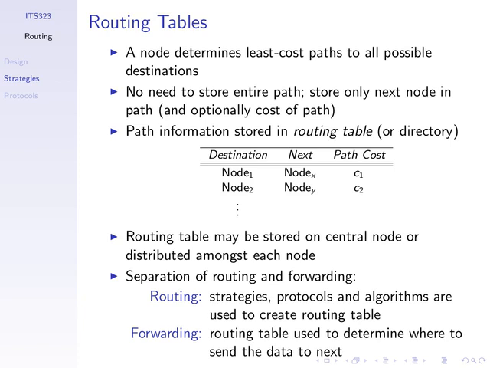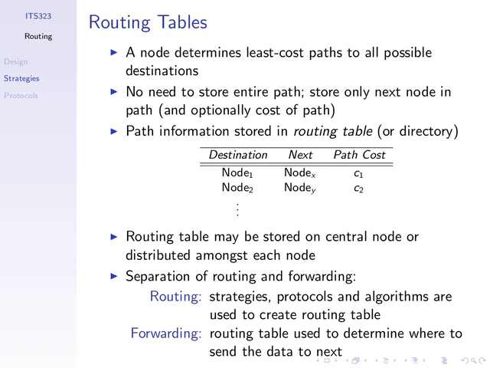A routing table, the routing table for node N1. N1 is the source and needs to reach the destination node 2. What is the next node in the least cost path from N1 to N2? N2. To reach N3, N4.